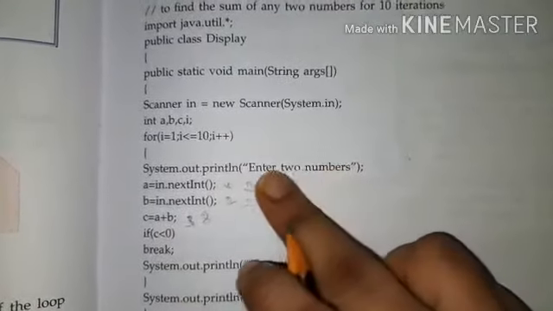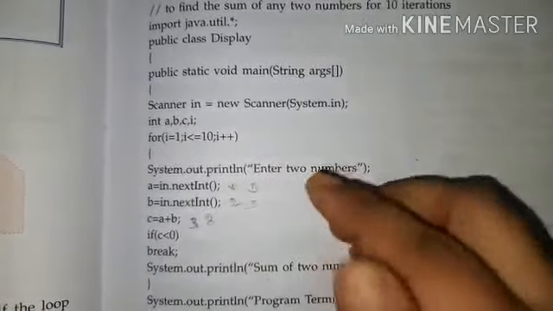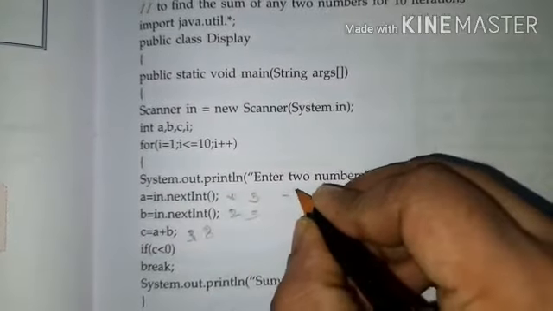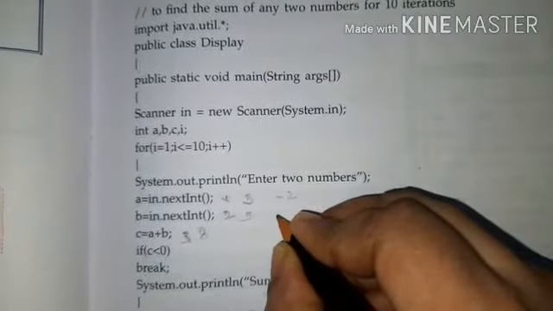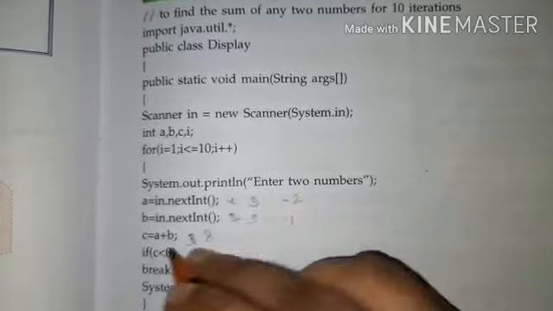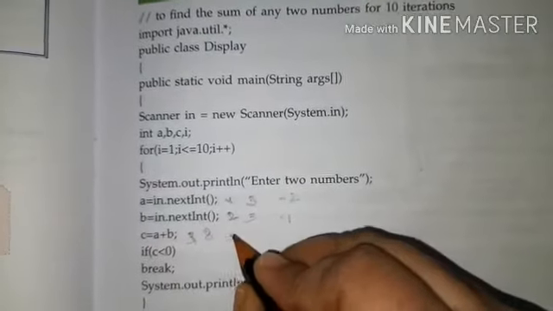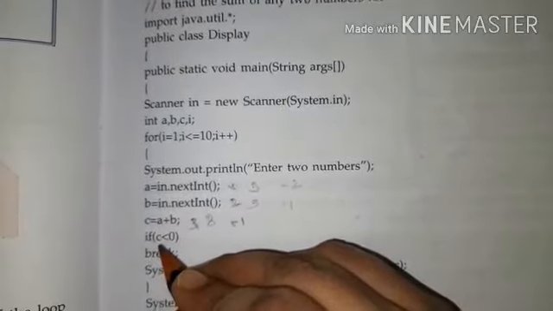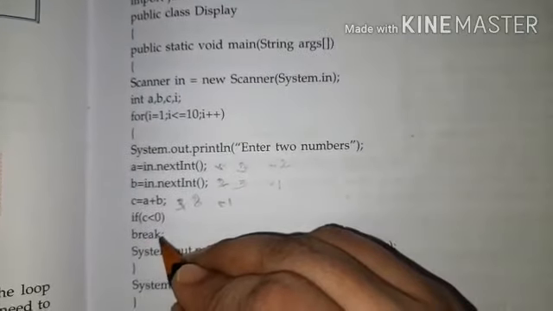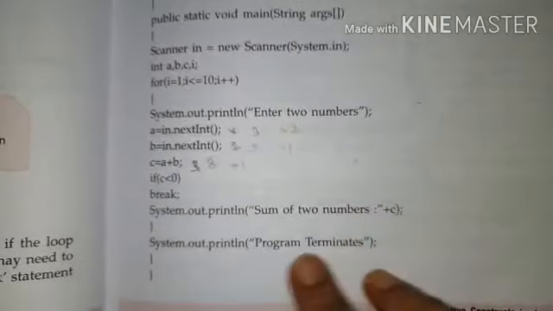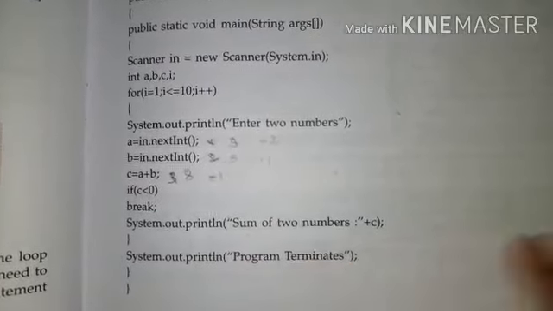Then again it will display enter two numbers. Now we will enter -2 and 1. So -2 and 1, when we add, it is -1. So C is less than 0. So it will break and come out of the program and it will display program terminates.